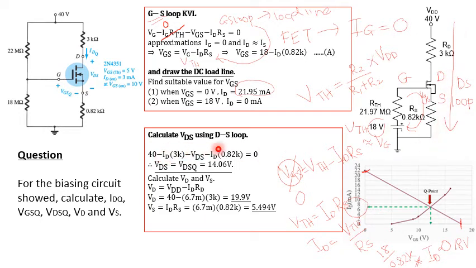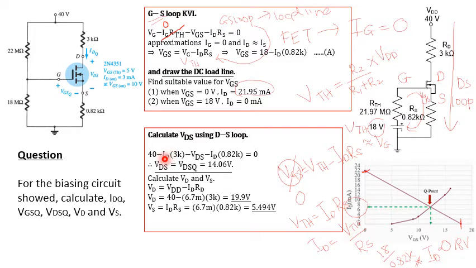Remember, whenever you want to solve the DS loop, the value of the ID is referring to the IDQ, the one that you have identified from the graph.